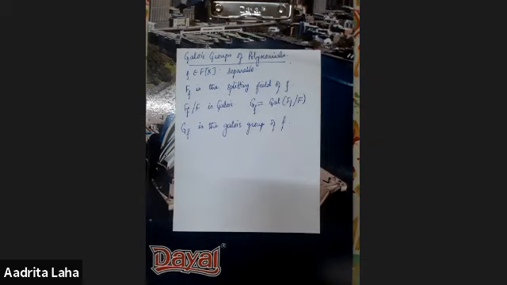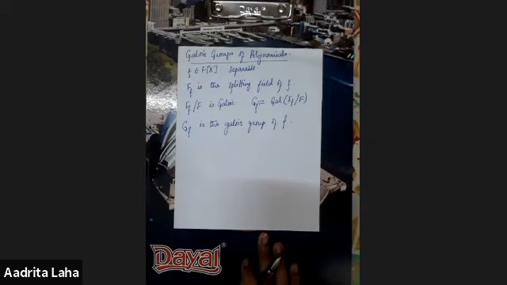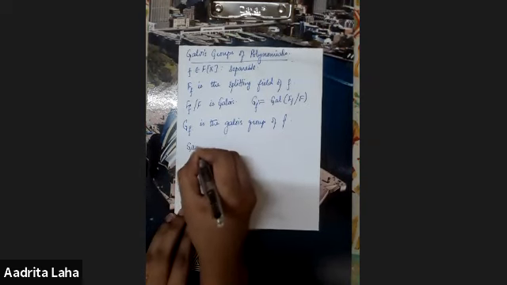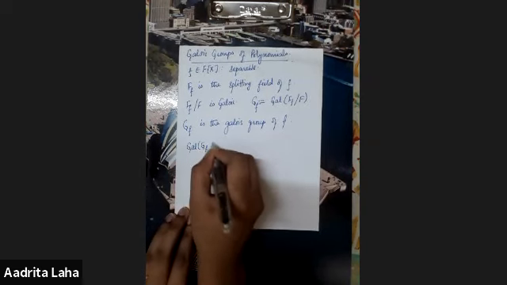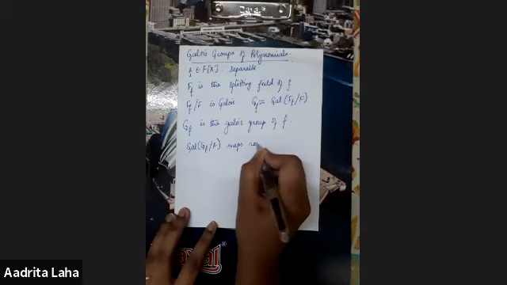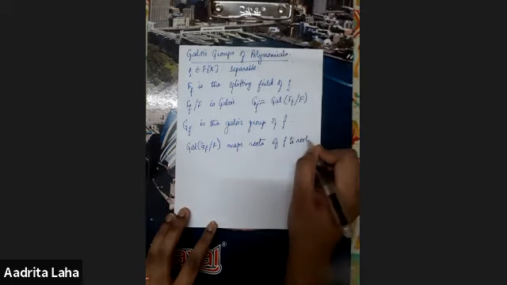Now using this, we will show some facts, but before proceeding, we look at this Galois group and see some of its properties. So we know that the Galois group is a subgroup of the group of automorphisms, and it fixes F. So Gal(E_f over F) maps roots of f to roots of f.